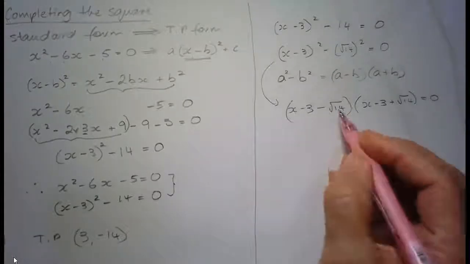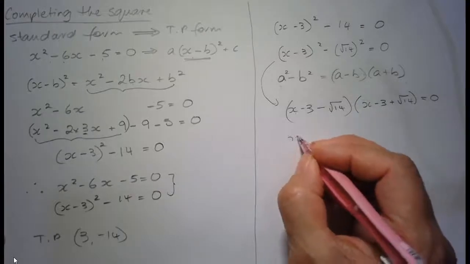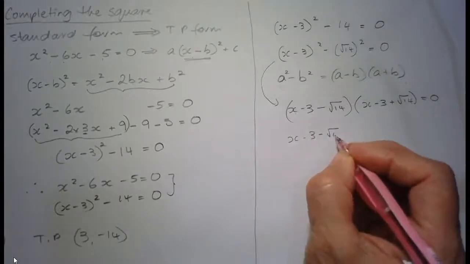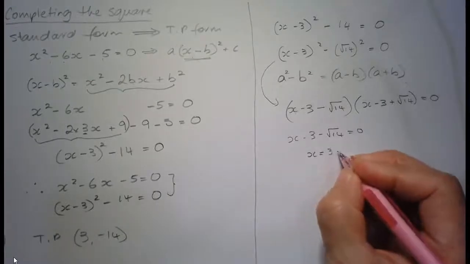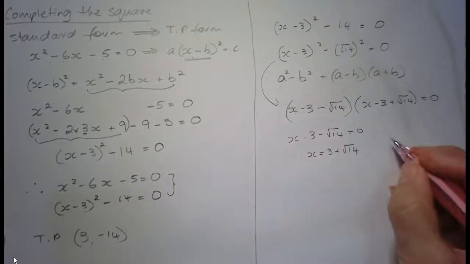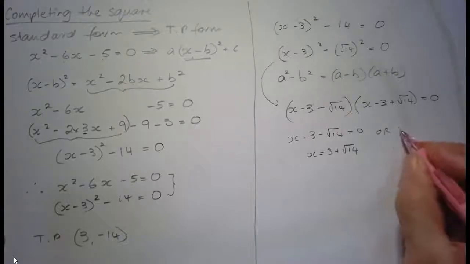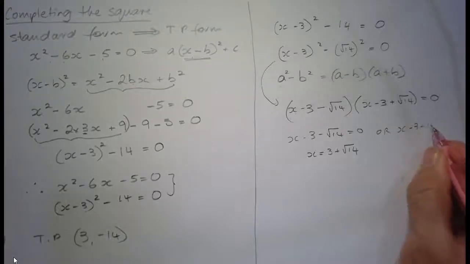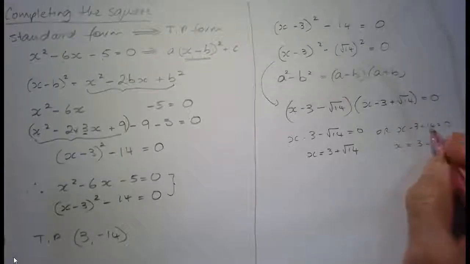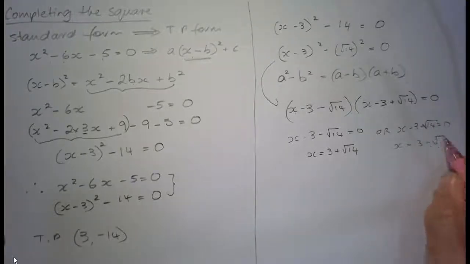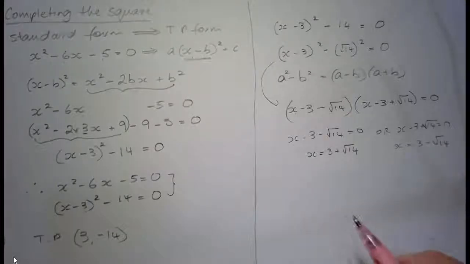So I know that using the null factor law, x minus 3 minus square root 14 equals 0. So therefore x equals 3 plus square root 14, or x minus 3 plus square root 14 equals 0. So x equals 3 minus square root 14. And there are my two solutions.